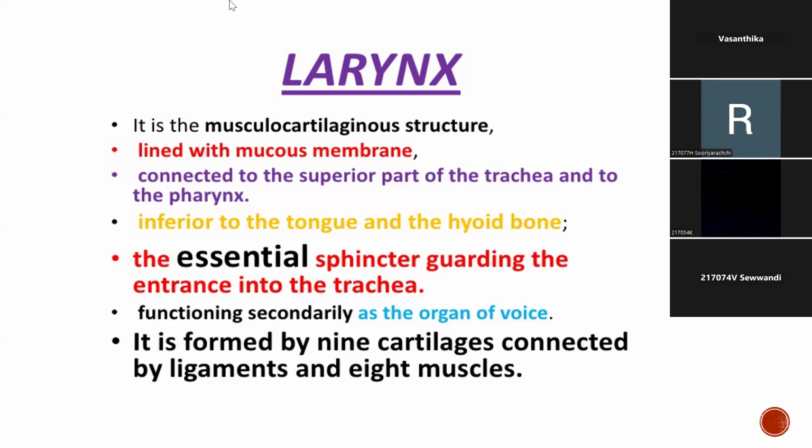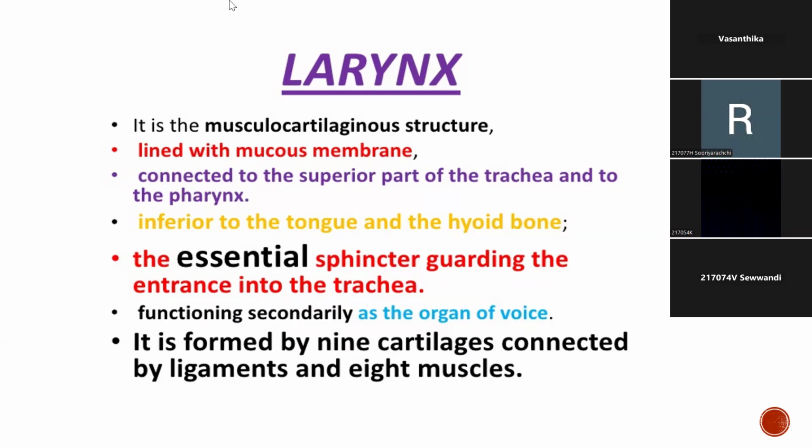It's an essential sphincter guarding the entrance into the trachea. That acts as a very significant sphincter where the food that you eat goes into the esophagus, and because of this larynx, it does not go into your trachea. At the same time, it works as the organ of the voice as well.